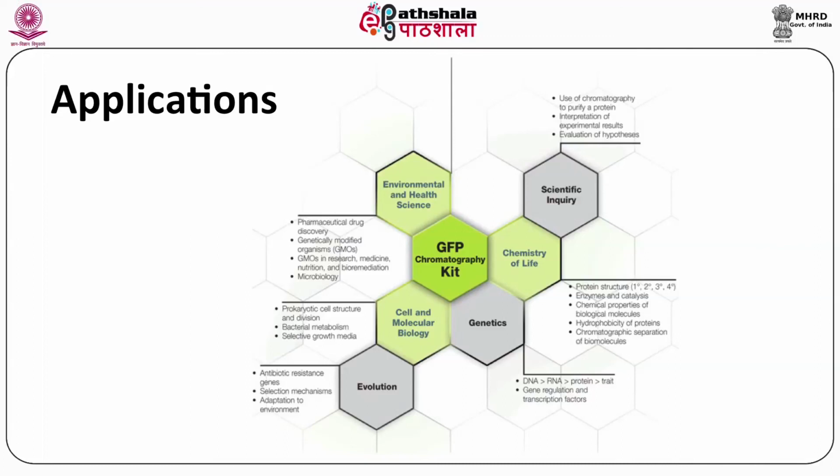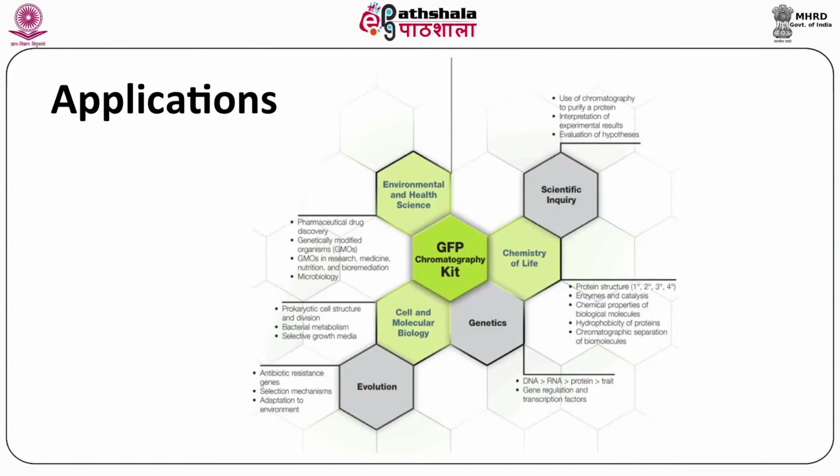It can be utilized in microbiology. Then GFP can be used for cell and molecular biology assays, such that prokaryotic and eukaryotic cell structure and division can be analyzed, bacterial metabolism can be analyzed, and cells in selective growth media can be analyzed.